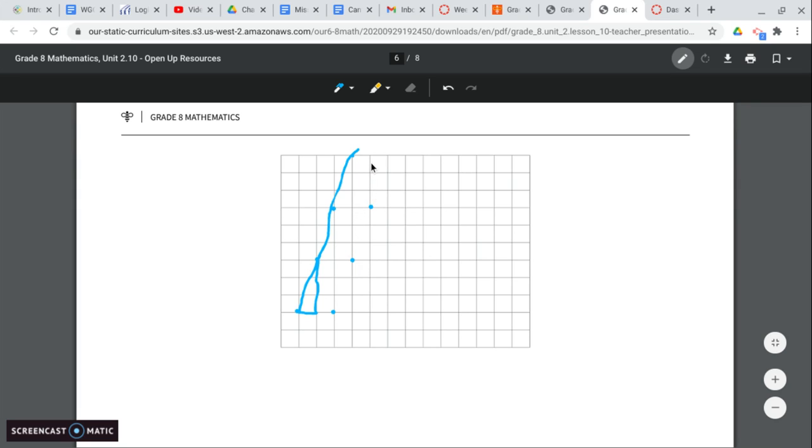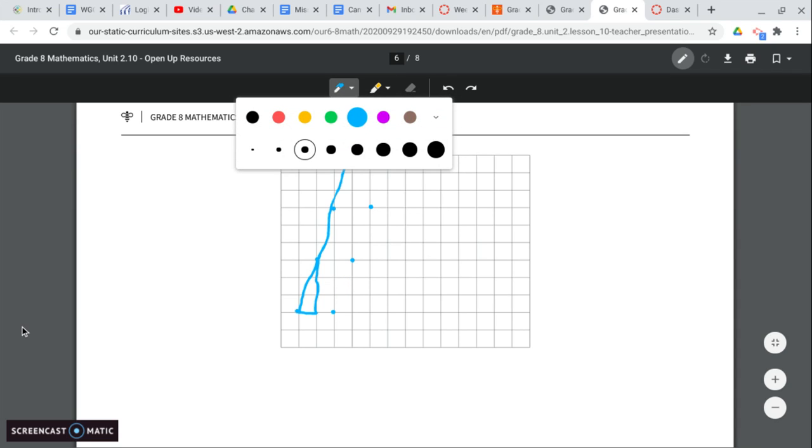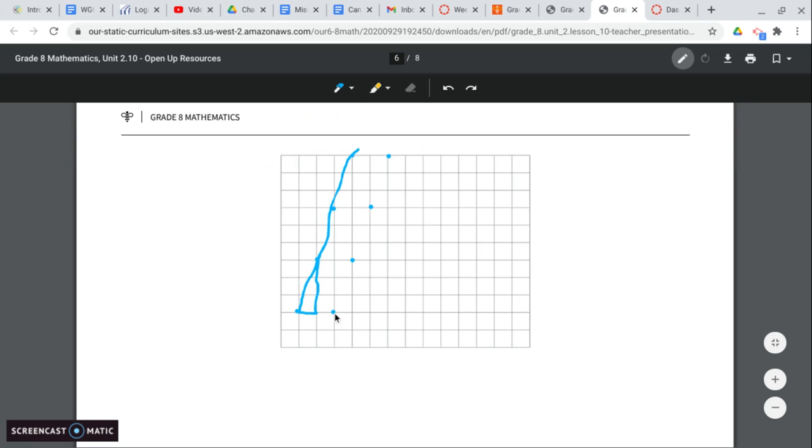Between each of these points, we can make slope triangles to show that this does have a slope of 3. Then we can draw the line that goes between these points. Obviously my line is very crooked and wavy, but you get the idea. This has a slope of 3.